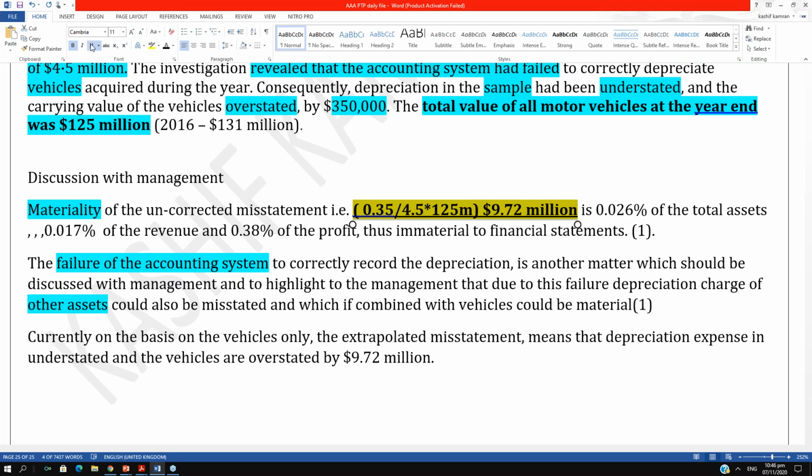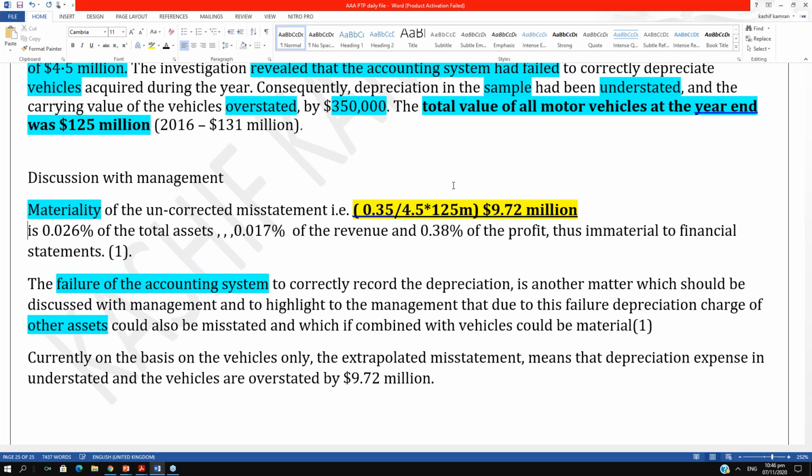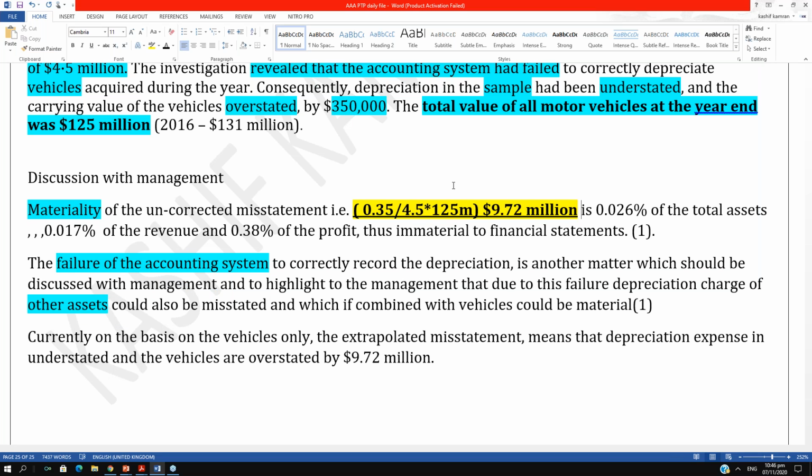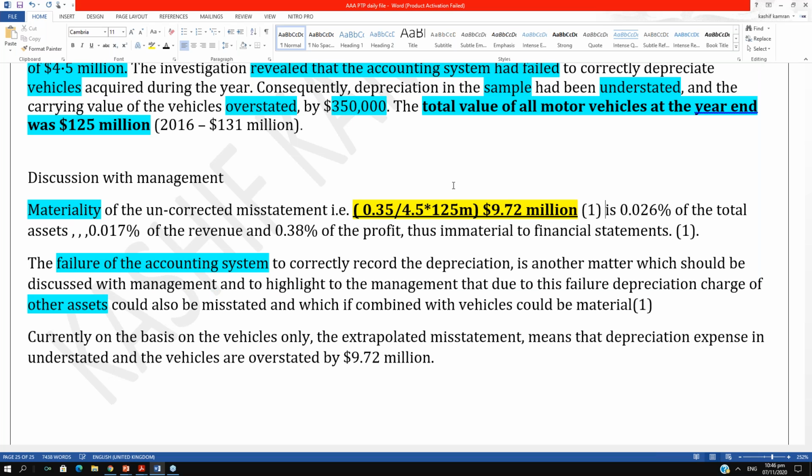Was that an effort of a student to find this value? So if you make the effort in the exam paper to calculate a value, this value calculation of 9.72 million will give you 1 mark even. So please write in the bracket 1 mark after the value, and then 1 mark on the comment that it is immaterial. So when you comment on it being immaterial, that will give you another 1 mark.